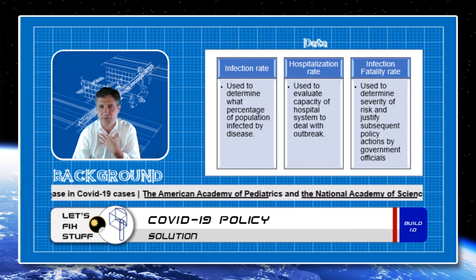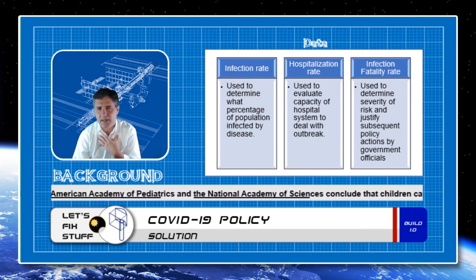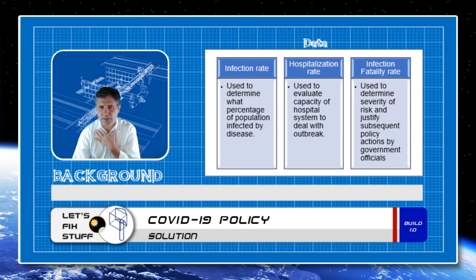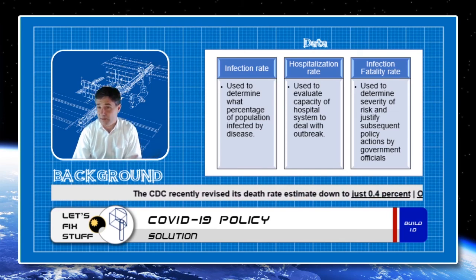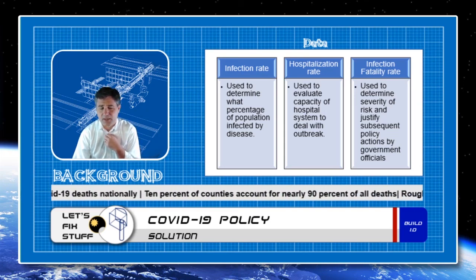In other words, it's much less deadly than what would initially appear. As a matter of fact, initially, one of the big concerns around COVID-19 was that the fatality rate was communicated as over 3%. That's serious. That means 3 out of every 100 people would die if they contracted COVID-19.